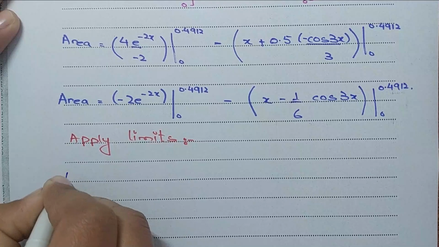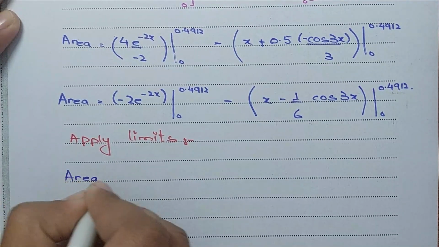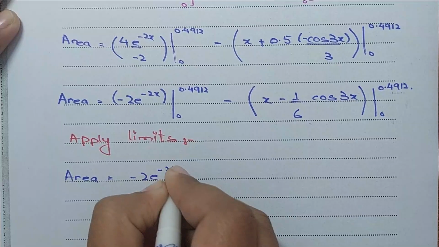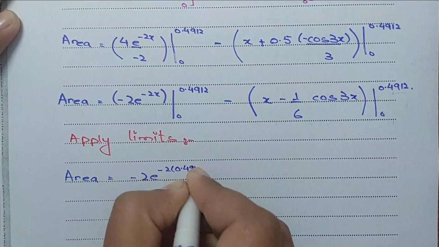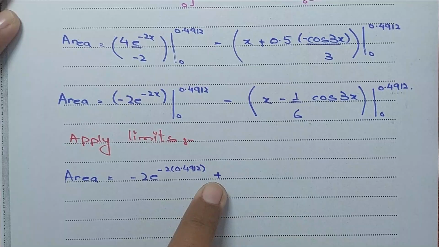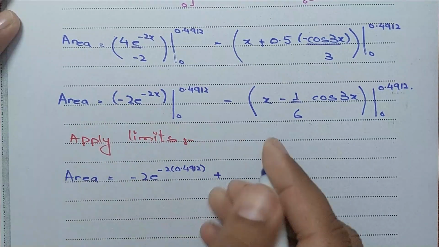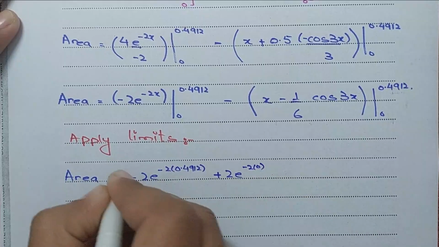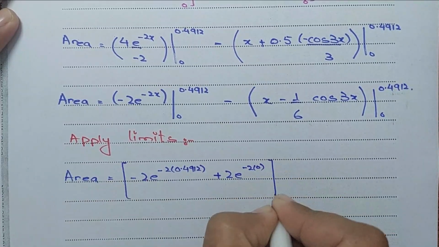The area becomes minus 2 e to the power minus 2 into 0.4912 for the upper limit, subtract the lower limit, minus minus plus 2 e to the power minus 2 into 0. This is for the first function.